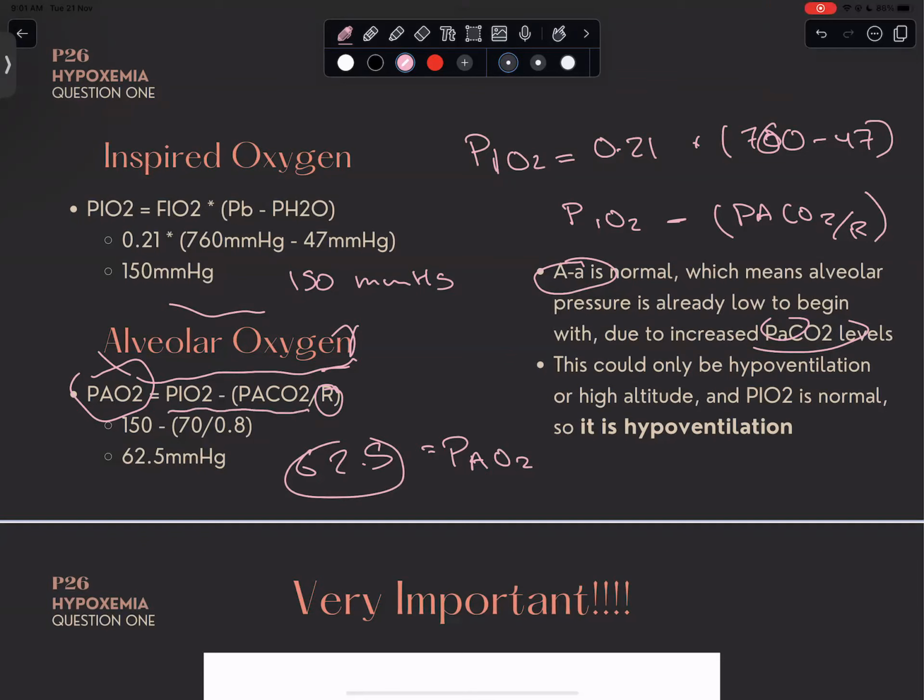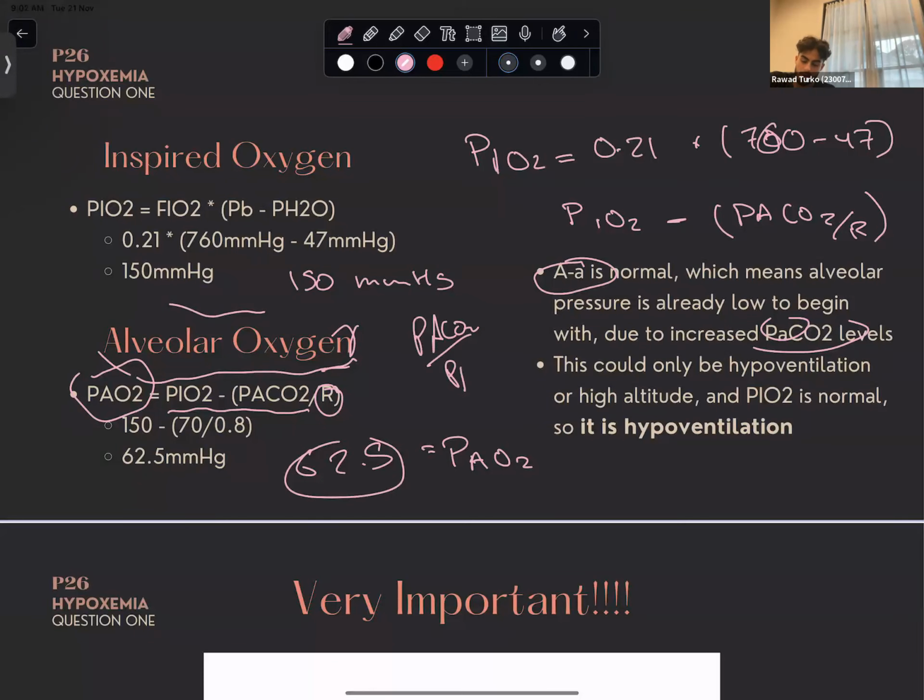Yes, we can, because PaCO2 over R is most likely going to be 1. Usually it is going to be 1. So it's good to stress the point that if they don't give us R, we can still solve for that equation if we just subtract PaCO2 from PaO2.